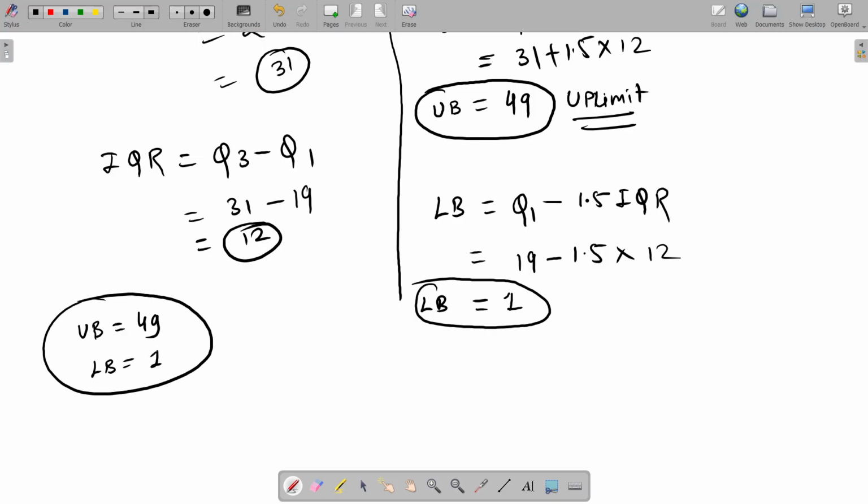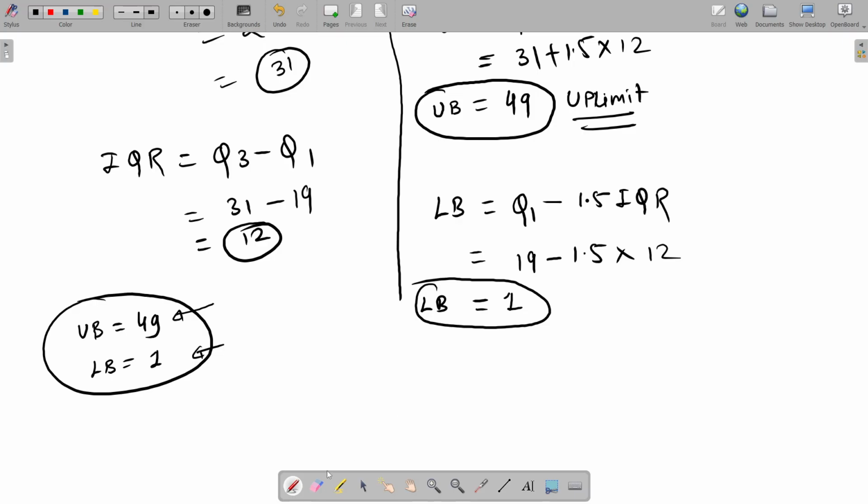Then now we will compare every value with these limits. So now our job is to compare each value with this boundary. We will compare our data points with this.